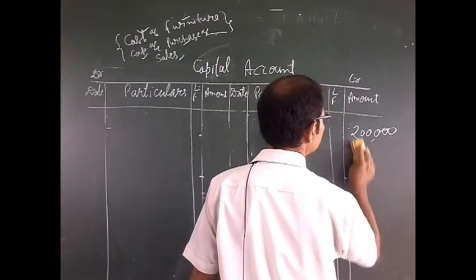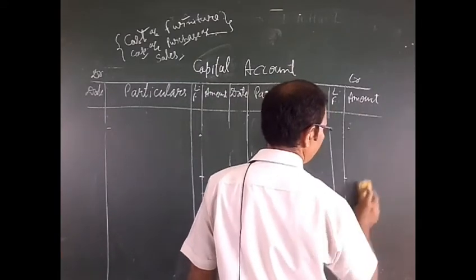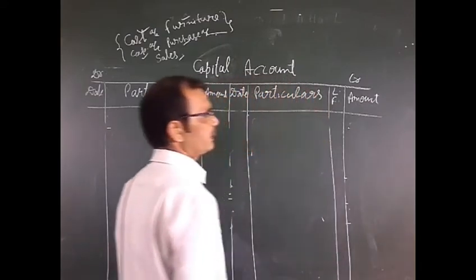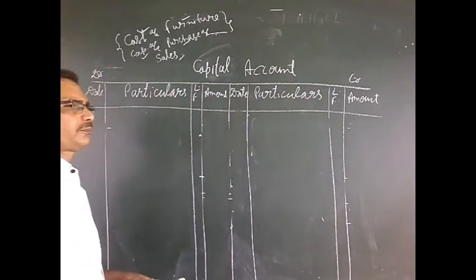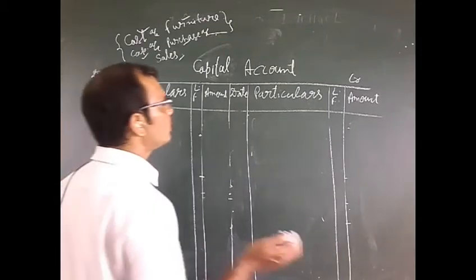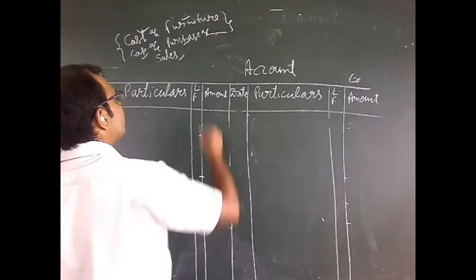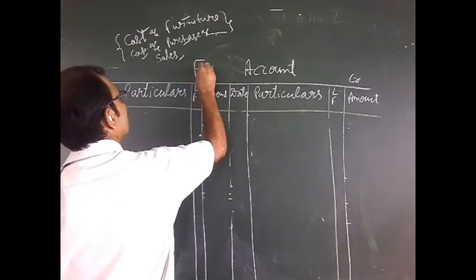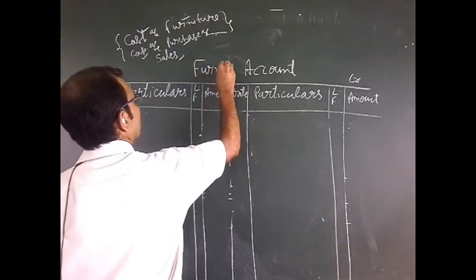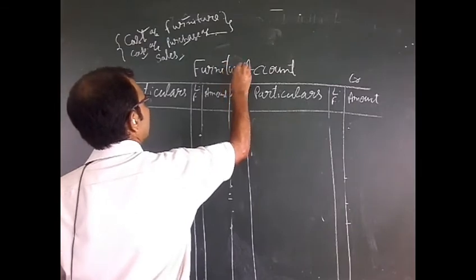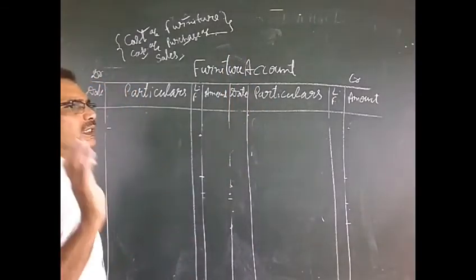We will see our journal and find what was the entry of furniture purchased. The entry was furniture account debit to cash account. In furniture account you cannot write furniture, so we will write other name, and other name is cash account.